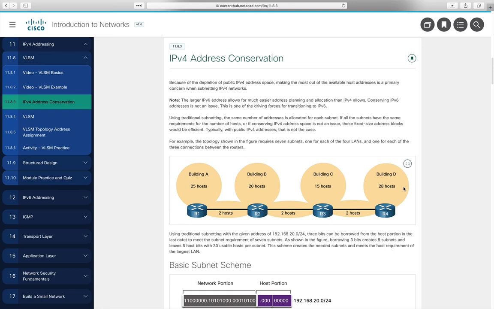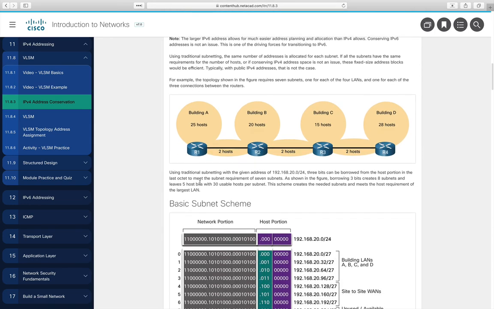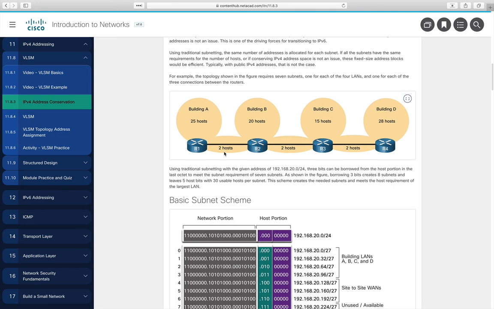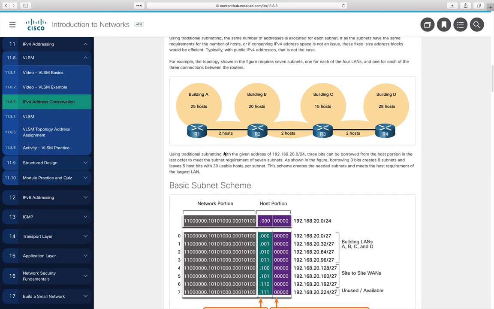Now, probably on homeworks, I'll give you a diagram like this and say, okay, how many subnets do we need? A lot of times what students forget is, even though this is a point-to-point connection between two routers, this has to be its own subnet. And we need 2 IP addresses to do that. So with this basic scheme, we're going to solve this for 2 to the n is greater than or equal to the number of subnets that we needed.